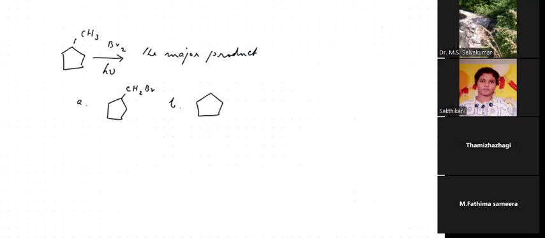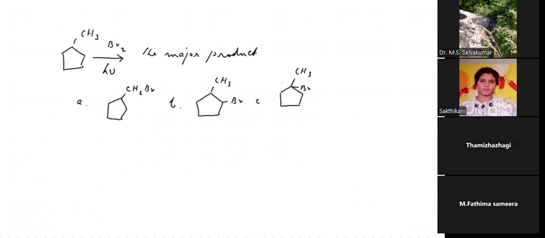In the third option, the carbon has 4 bonds, attached to this carbon and this carbon, with one hydrogen, and that hydrogen is replaced by bromine.